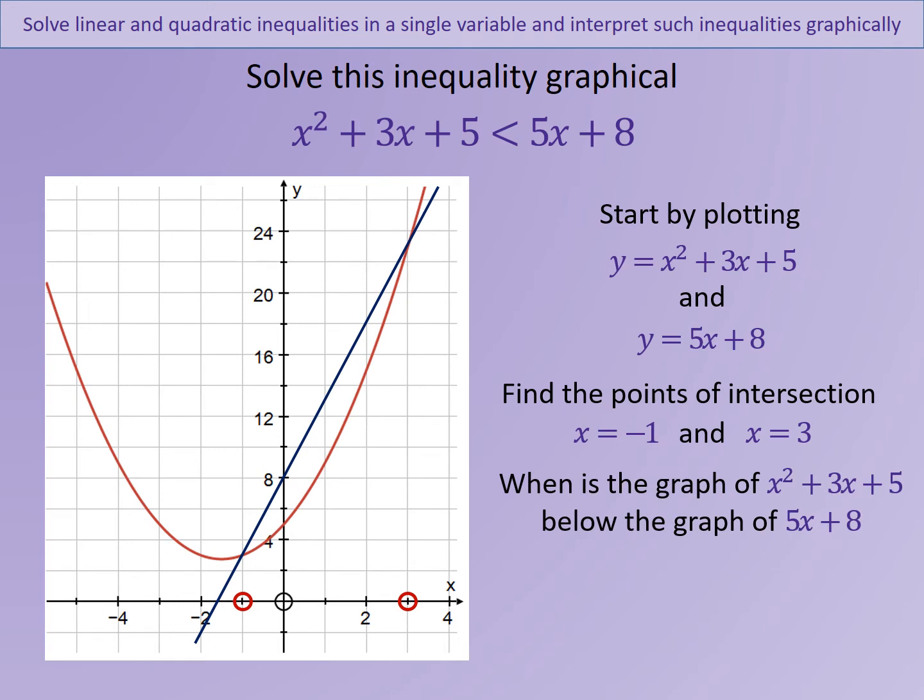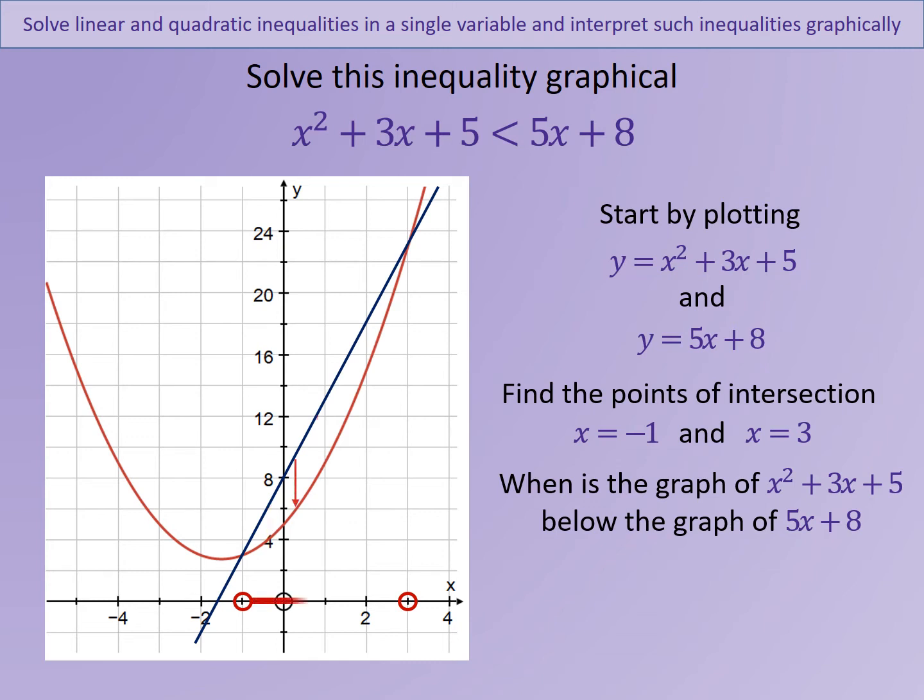What we now need to do, and this is the inequality section, is say when is the graph of x² + 3x + 5 below the graph of 5x + 8? The reason we want to look at where it is below is because of the less than sign in the inequality. So where is the graph of the quadratic below the graph of the straight line?